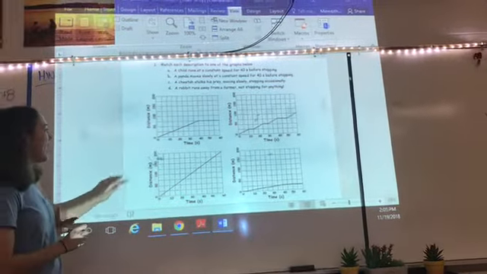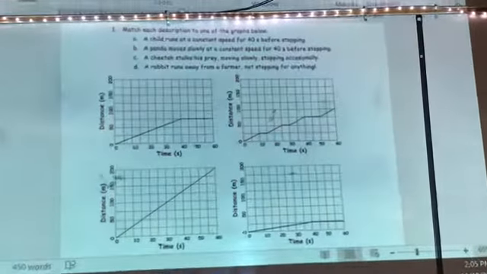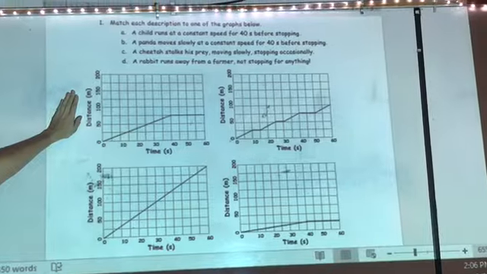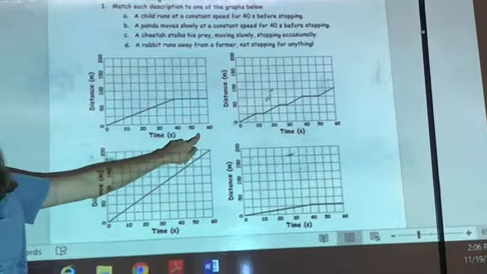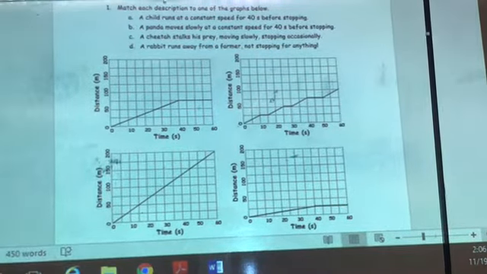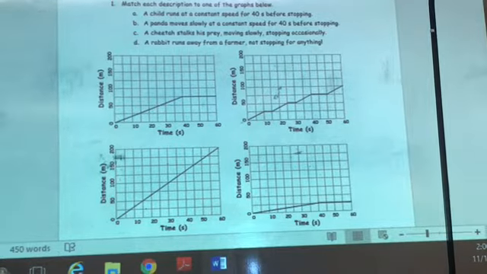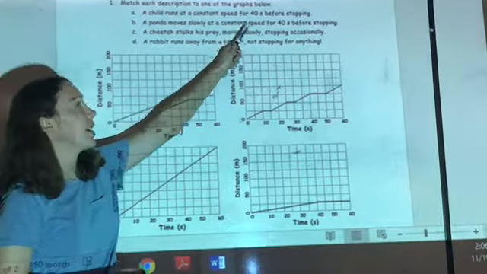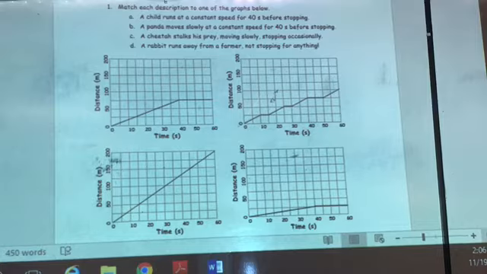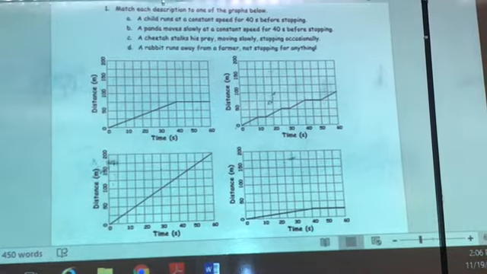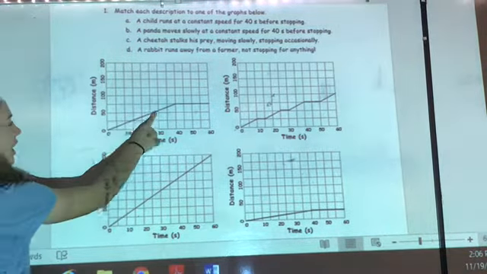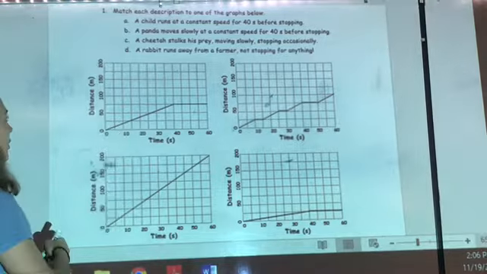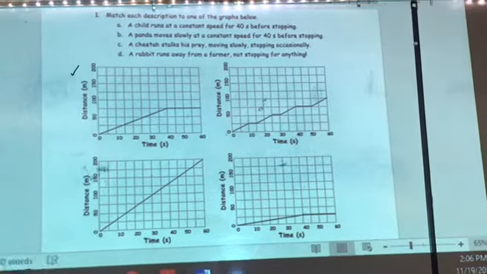So first I'm going to look at my 4 graphs. I see that all of them have distance for the y-axis and time for the x. So I want a graph that has a constant speed until I get to 40 seconds, where it should then stop. So I see in this graph, I have a constant speed up until 40 seconds. So this one is a possibility.